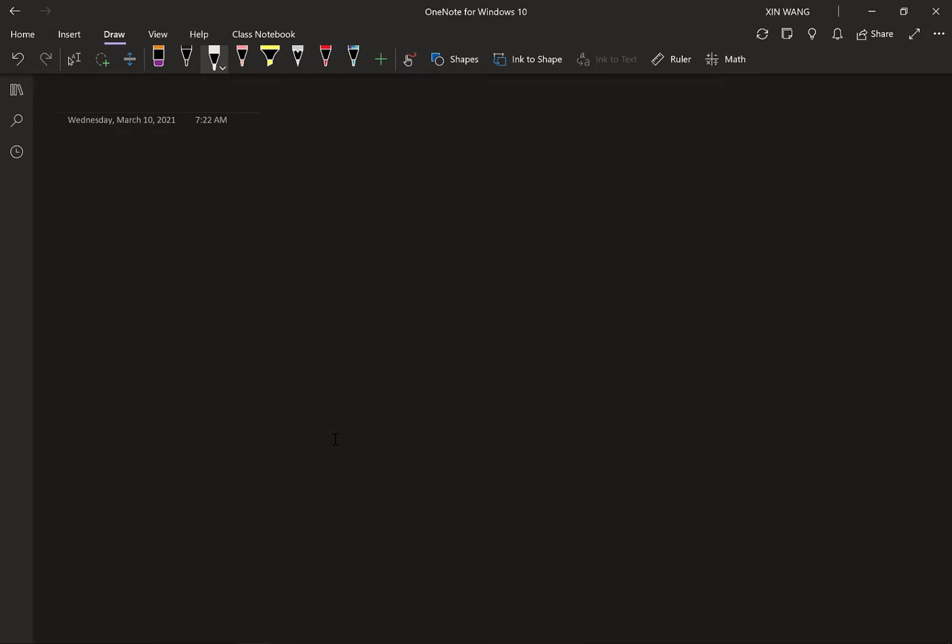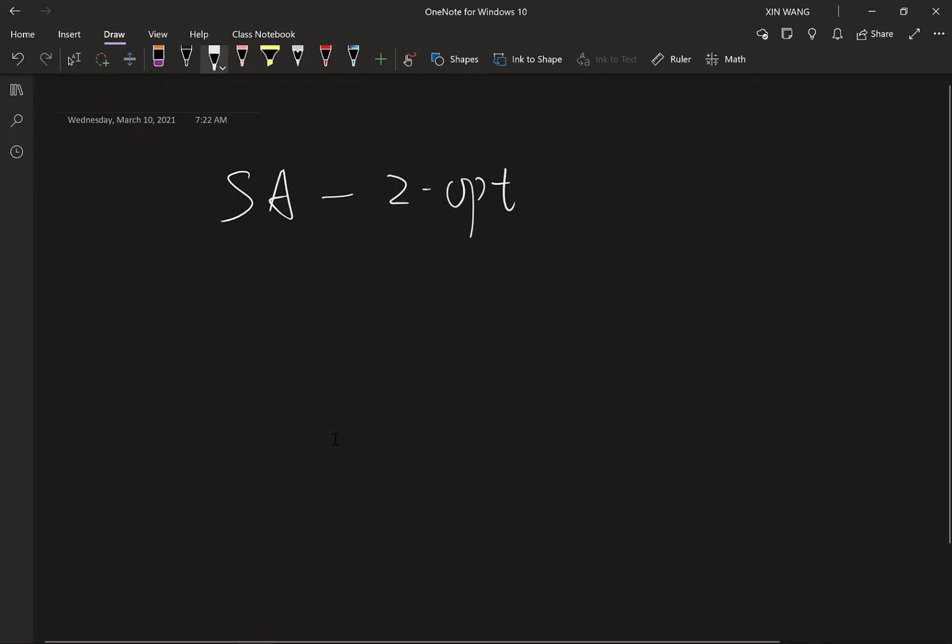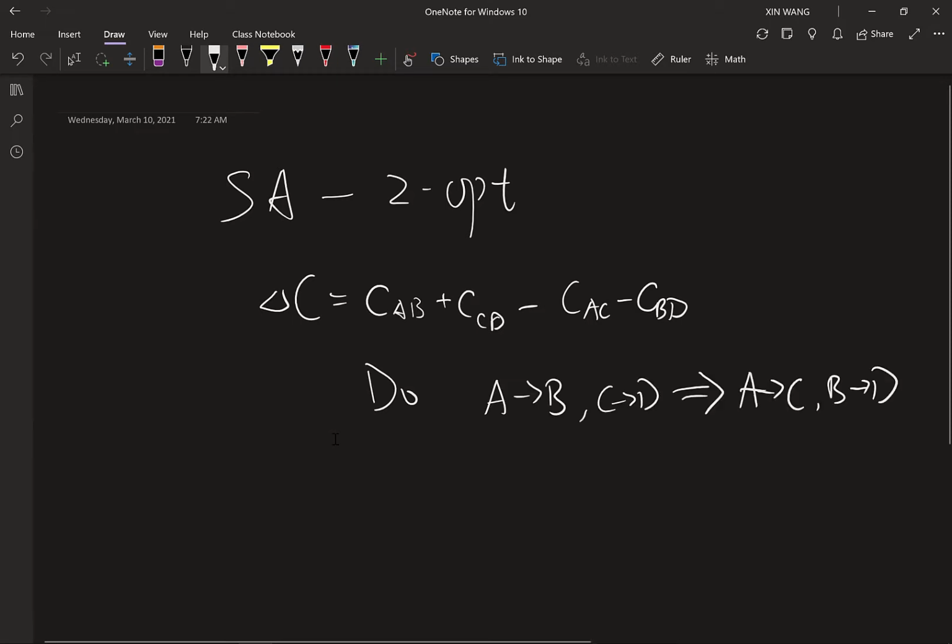Mathematically, we have our SA-based two-opt algorithm. Every time we want to do our swapping, we calculate the cost difference between the pair AB, CD and the new pair AC, BD. This is the change of the cost, or the change of the distance. Without simulated annealing, the algorithm will do the swap if and only if the cost is improved.